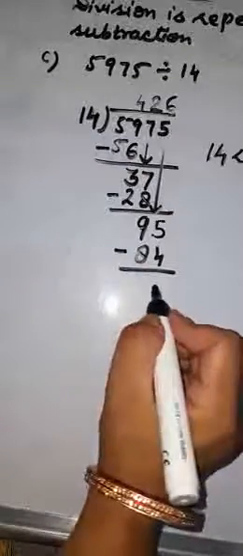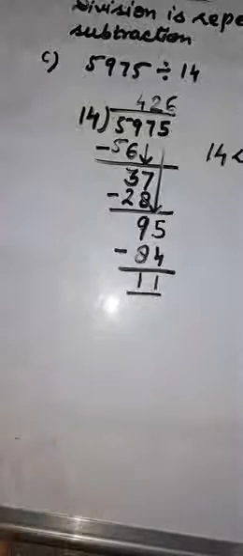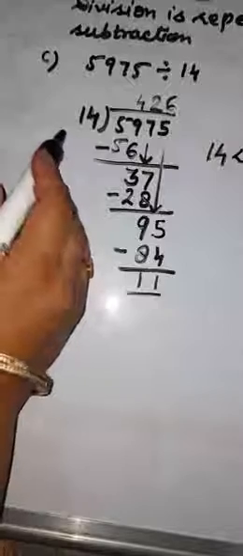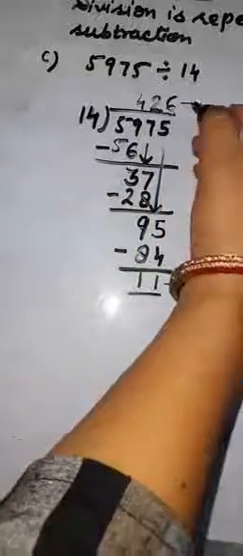5 minus 4, 1. And 9 minus 8, 1. So it is 11. Now children, here 11 is smaller than 14. So we can't divide. It will remain here. Fine. So here the result obtained is 426.